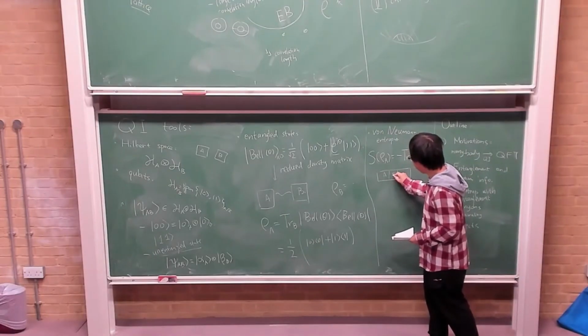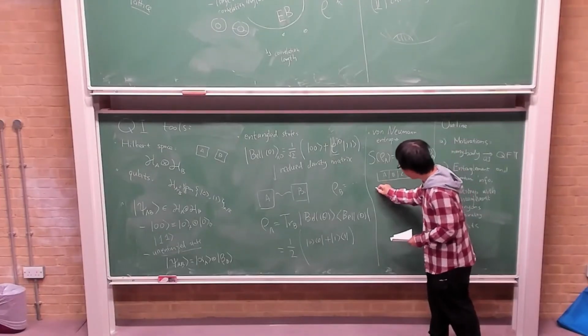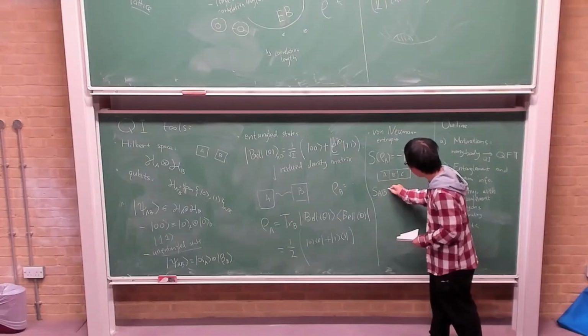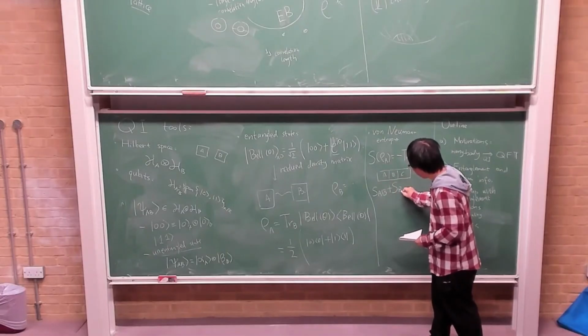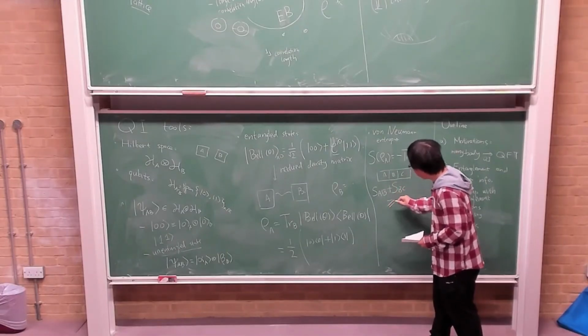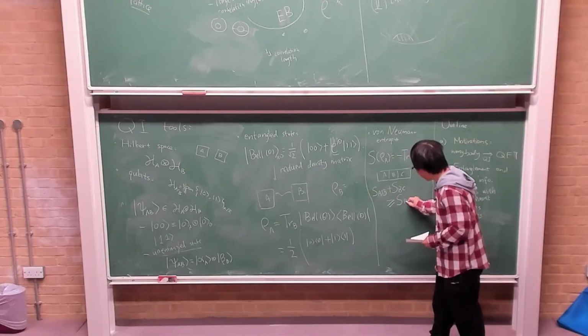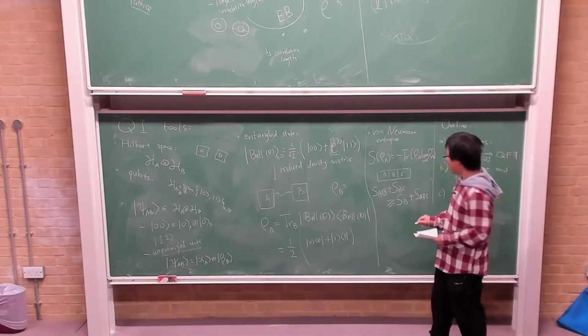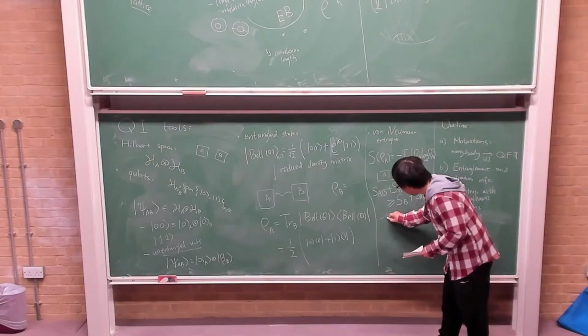It is the following. If you have a tripartite quantum state, it turns out that entropy on AB plus entropy on BC is always greater or equal to entropy on B plus entropy on ABC. This is known as strong subadditivity.